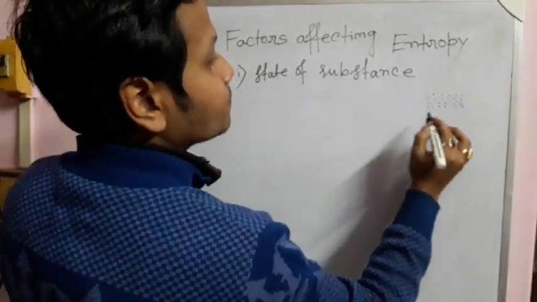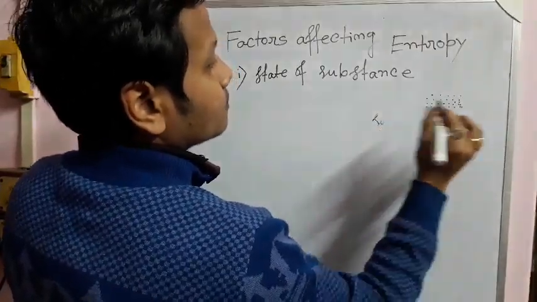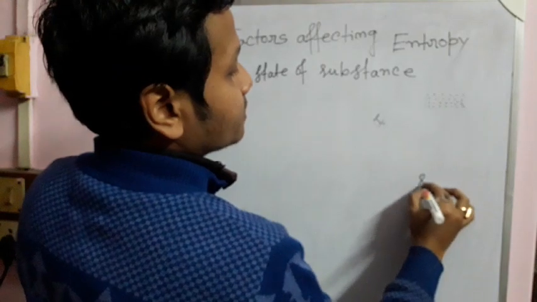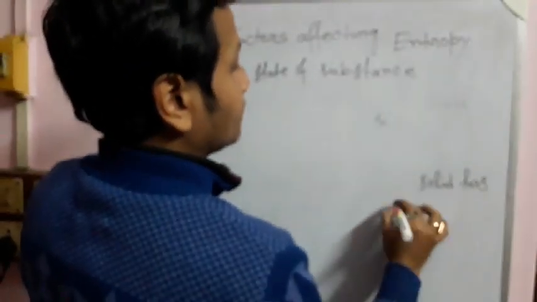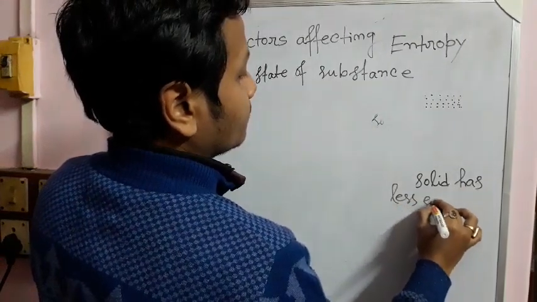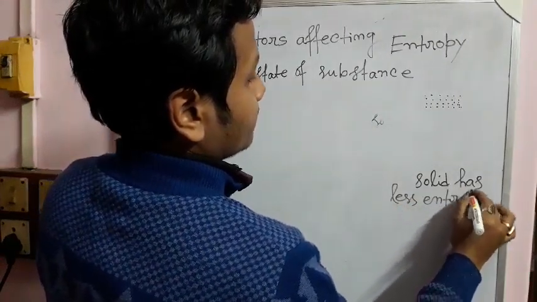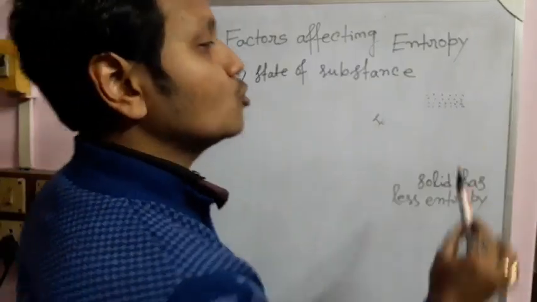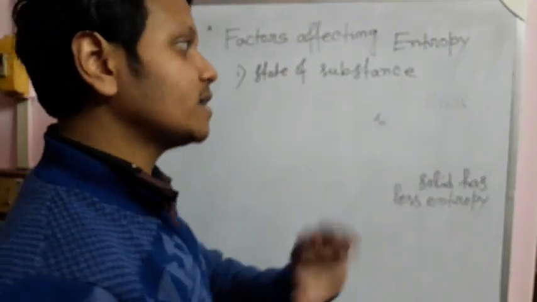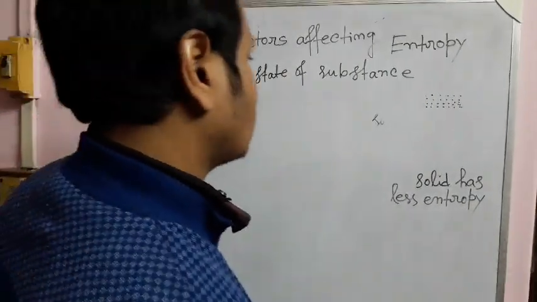That means solid substance has less entropy. Why is this? Because the molecules of solids are arranged in a regular and periodic, ordered manner, so it has less entropy.